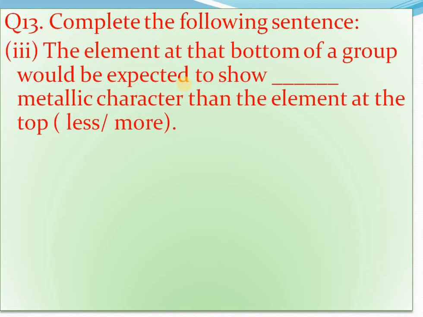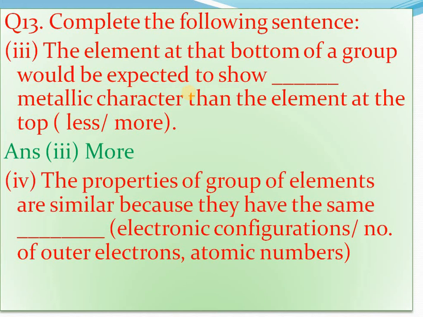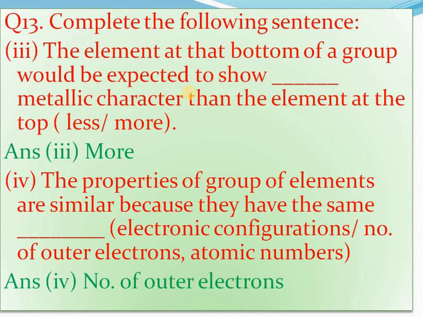Next, the element at the bottom of a group would be expected to show dash metallic character than the element at the top. Down the group, metallic character increases. And the properties of the group of elements are similar because they have the same number of outer electrons. Simply electronic configuration will not be the right answer. It is the number of outer electrons.